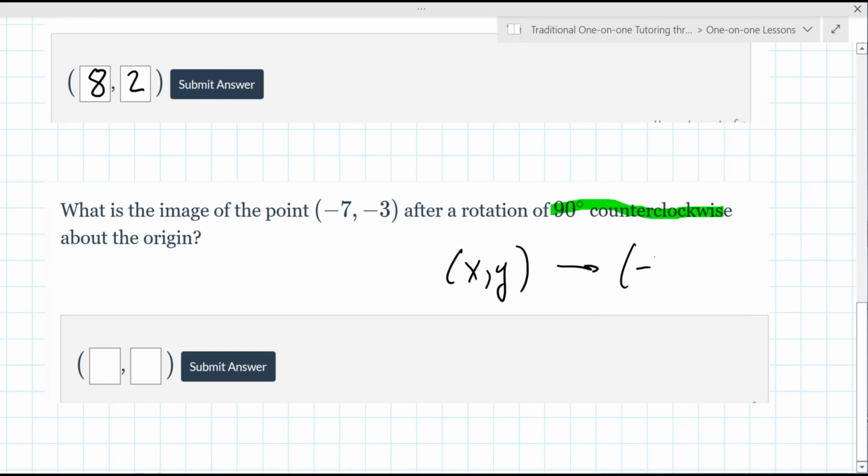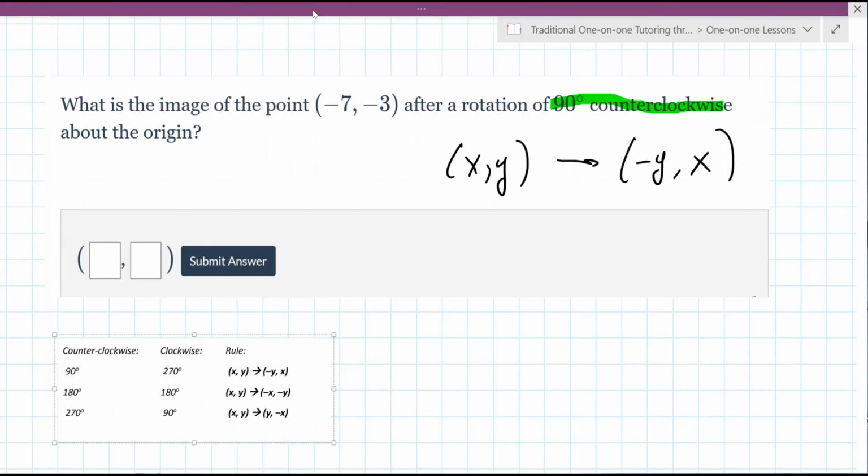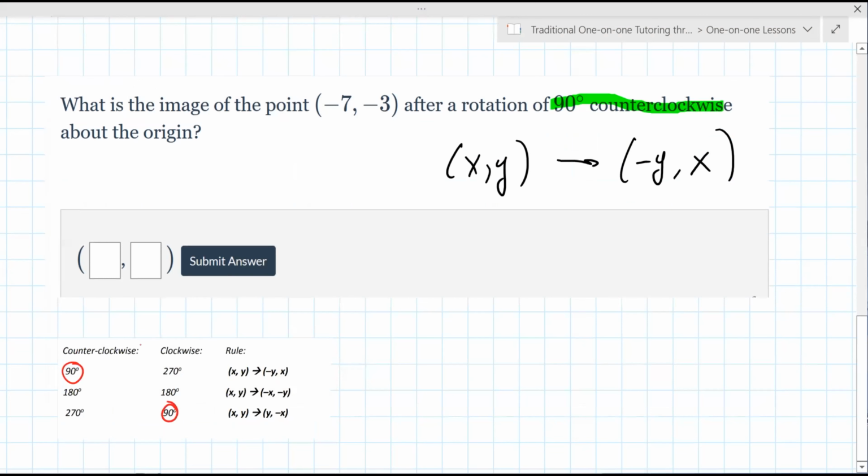It becomes minus y comma x counterclockwise. So just to be clear here, let me snip those in case you're wondering. Here are the formulas. So you gotta know the angle. The angle is 90 degrees, but which one is it? It's the counterclockwise, which means it's this rule here. And that's at the bottom of that page I sent over in the chat.